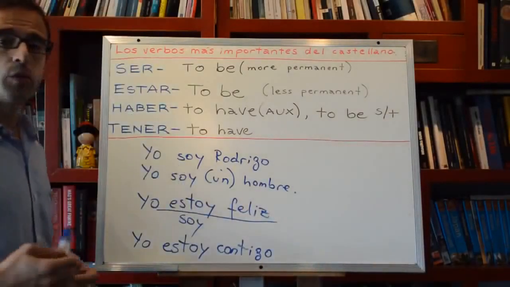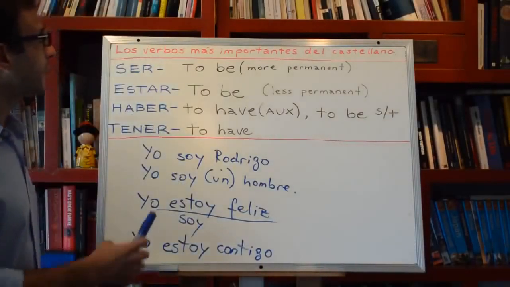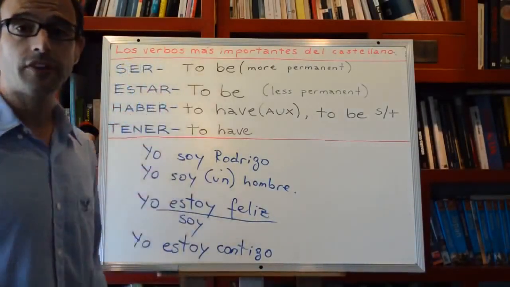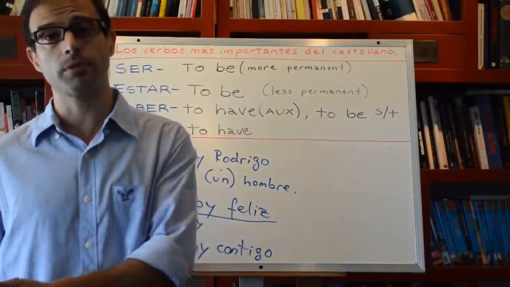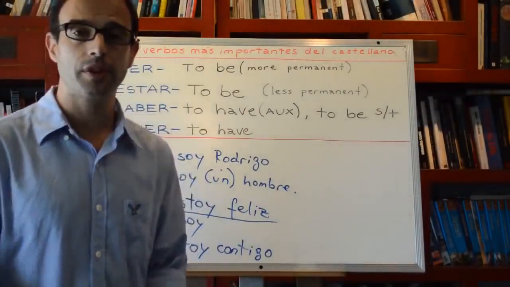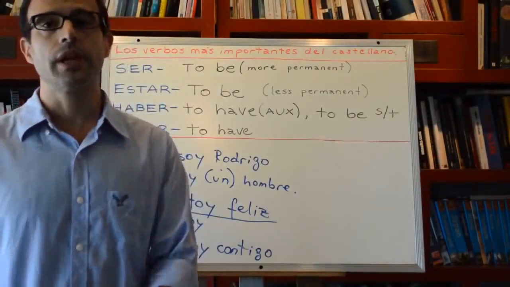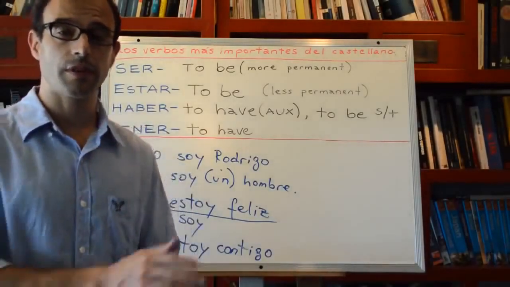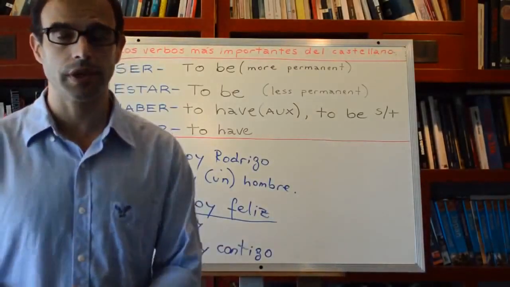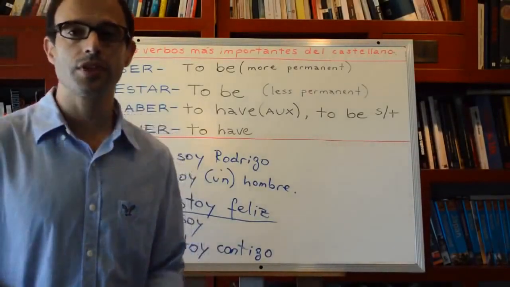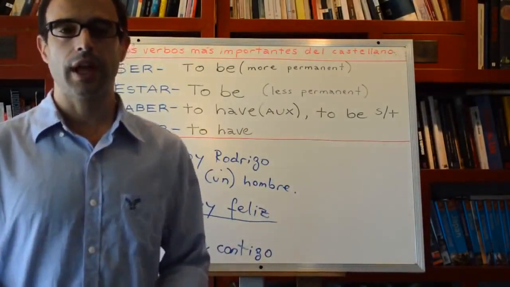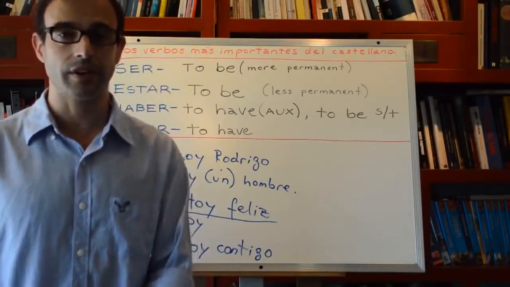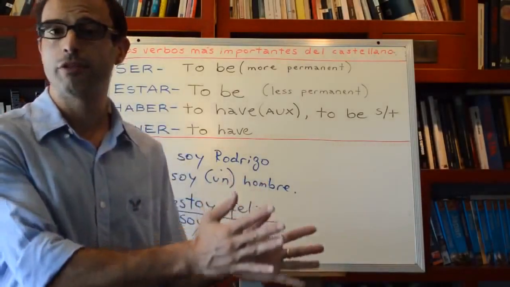If you have any questions or doubts regarding when to use ser and estar, you can post them on YouTube and I'll be happy to answer them. However, in my older lessons, there are a few lessons on this same topic, and also, if you want to practice, I really suggest you go to my website and open the tests and exercises that are online and totally for free.